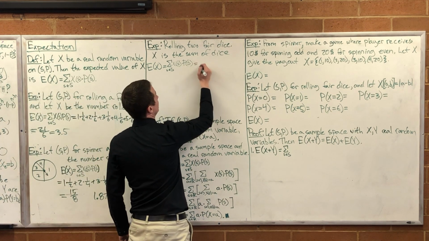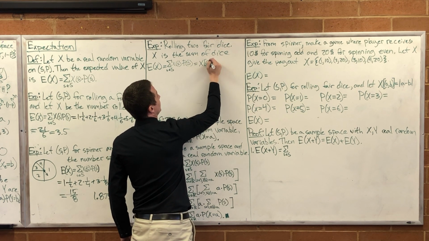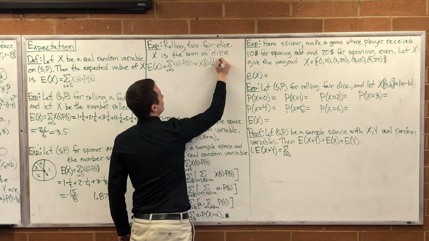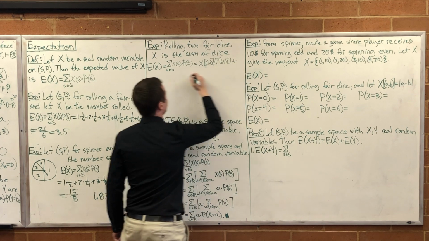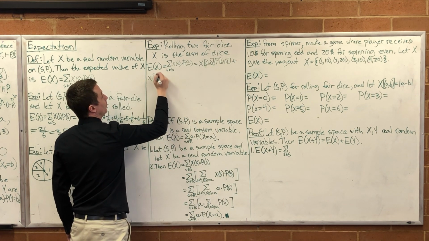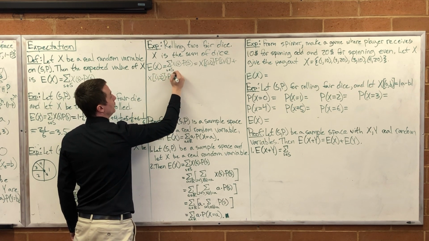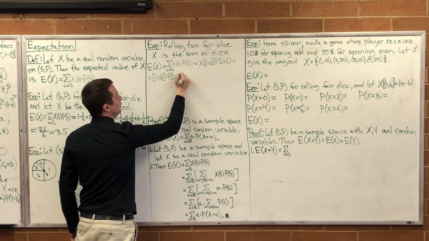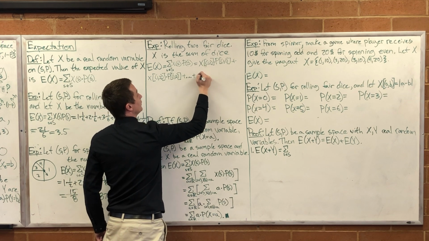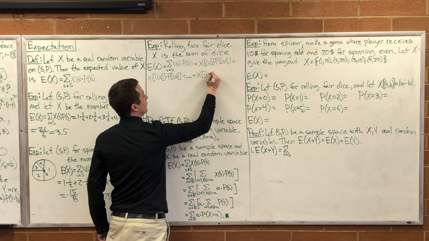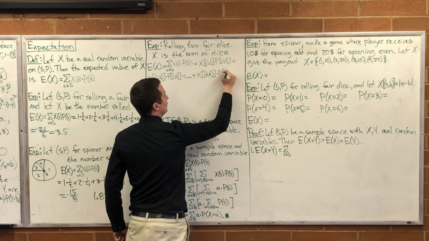So this is equal to x of what we get when we plug in 1, 1 times the probability of 1, 1, plus x of what we get when we plug in 1, 2 times the probability that we roll a 1, 2. And this is going to be a nightmare to write it all out, right? Plus x of our last one that we'll do is 6, 6 times the probability of 6, 6.